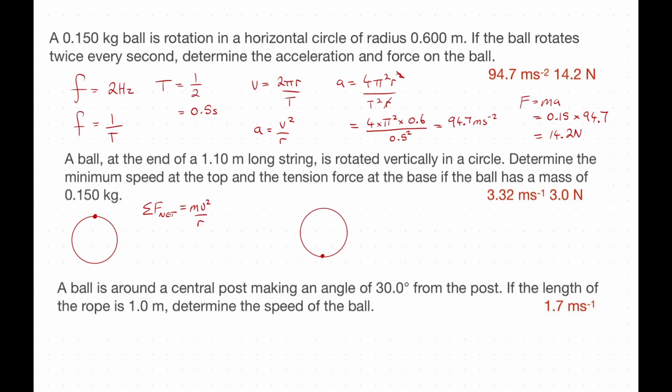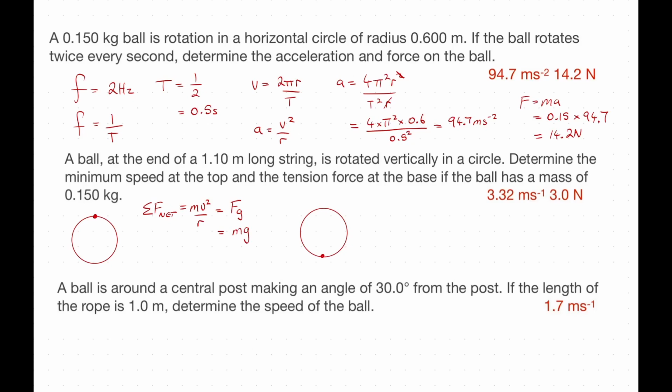If we want to reduce the amount of forces that are going to be applied at the top to its very minimum, what is the only force that needs to be there? Gravity. Every other force could disappear, but as soon as that object has mass, it will need to experience gravitational acceleration. So this is going to be equal to Fg, which is then going to be equal to mg.